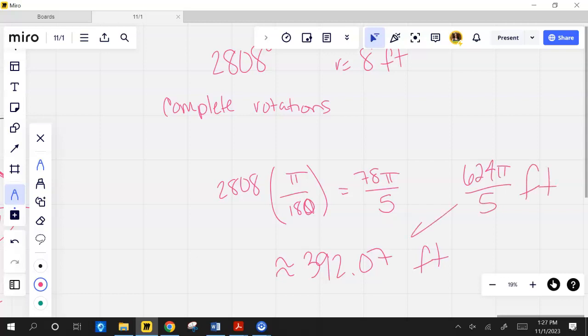Is that what you got? Yeah. So on your homework, it says, give your answer in terms of pi and rounded to the nearest tenth. So you'll give them both ways.